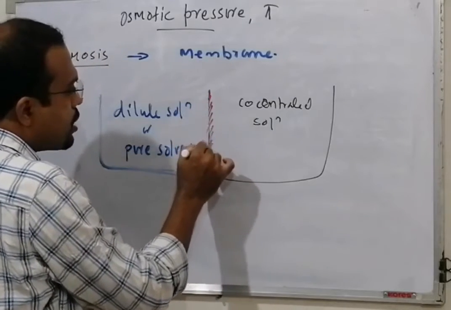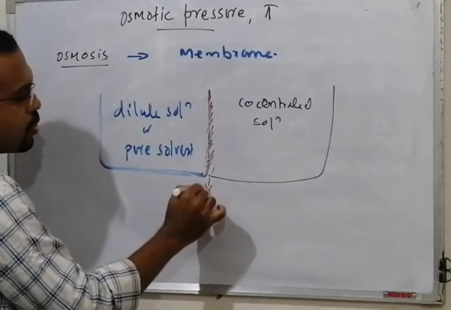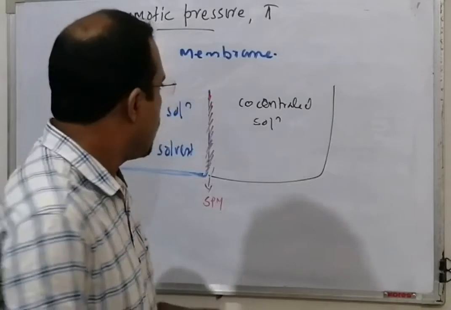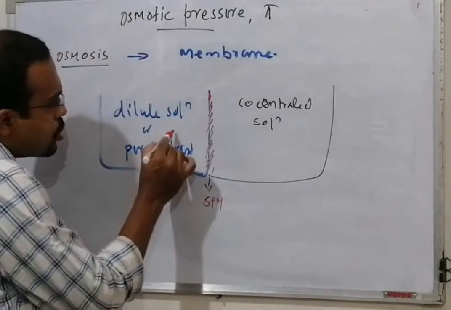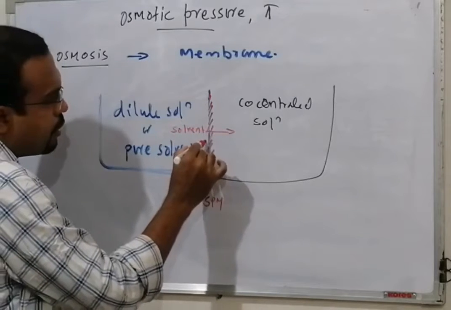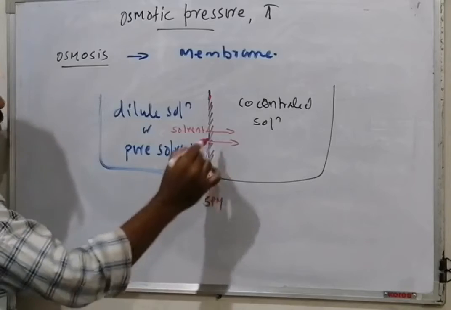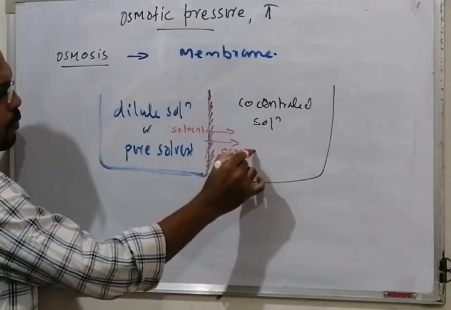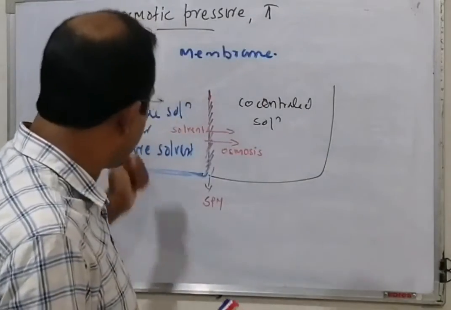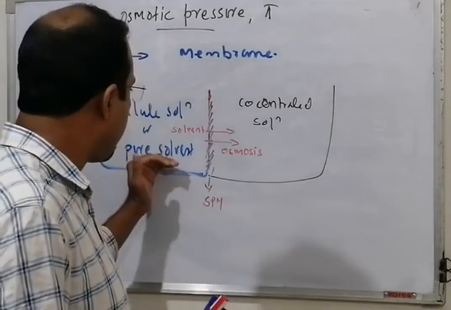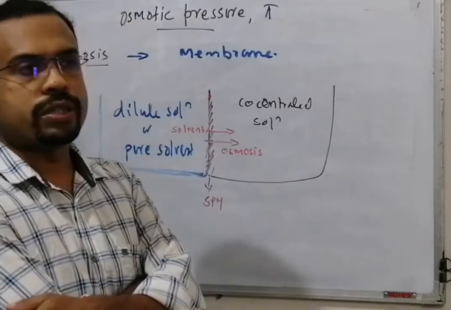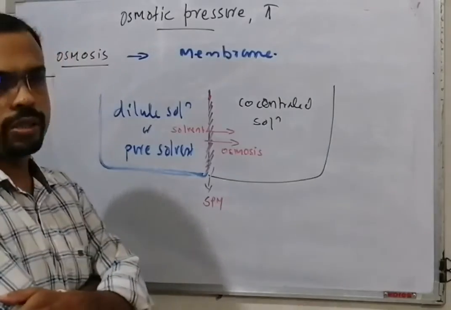Skin is the best suitable membrane. This is called a semi-permeable membrane. The solvent will move from the dilute solution, or from the pure solvent part, to the concentrated solution. That is called osmosis.